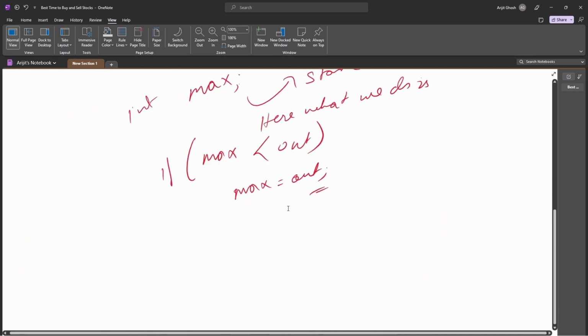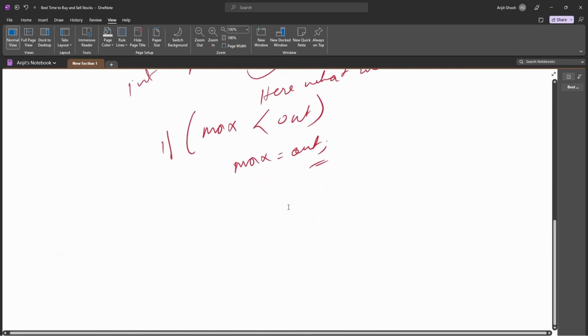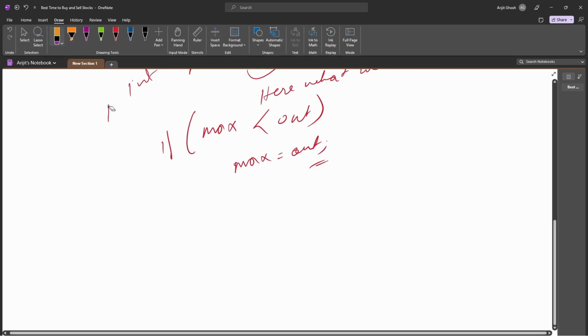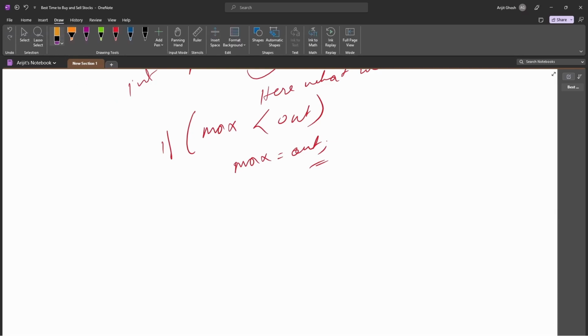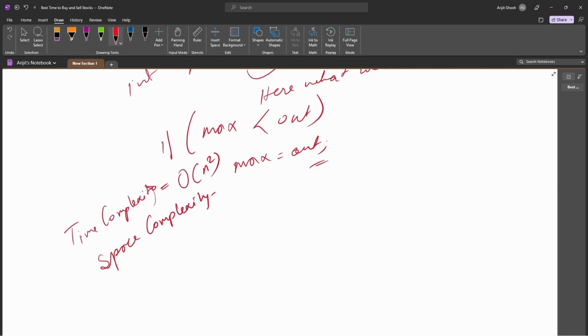So what we see over here is we need two loops. The time complexity for this solution would be O of n square, and the space complexity would be O of 1, right?